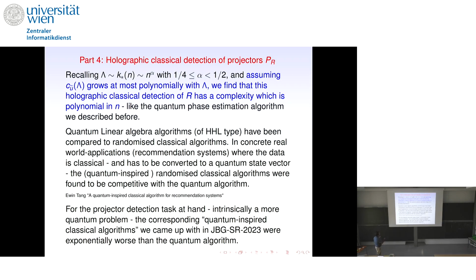This found that you got pretty comparable results to the quantum algorithms of HHL, in the context of recommendation systems. Recommendation systems have to do with how Netflix knows what programs you have watched, and it also knows all the programs that have been watched by many other people, and it wants to predict what programs it should suggest to you.